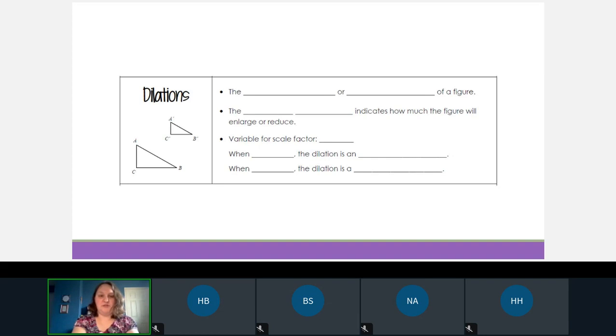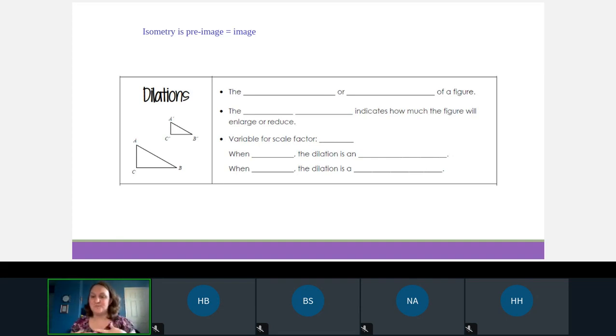An isometry is, yep, Hannah, you're right, pre-image. It relates your pre-image and your image. How? Equal. Yay, Faith, gold star for you today. All right. So an isometry is when your pre-image is equal to your image, or congruent.